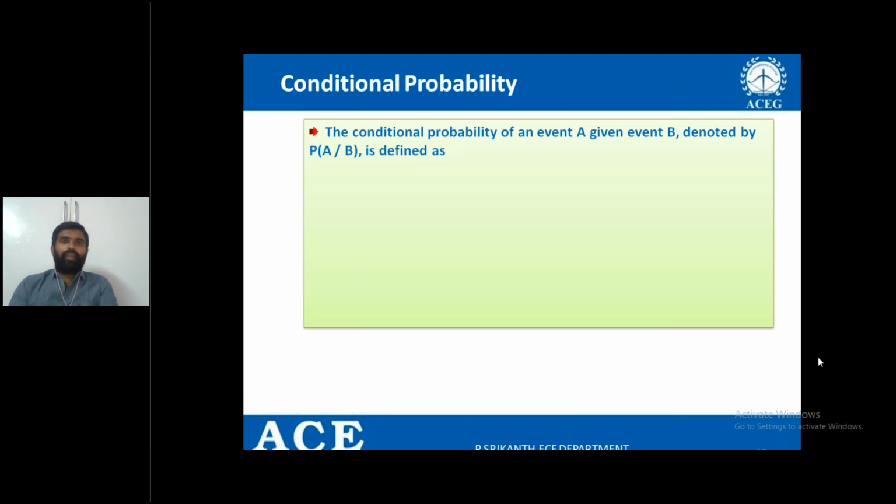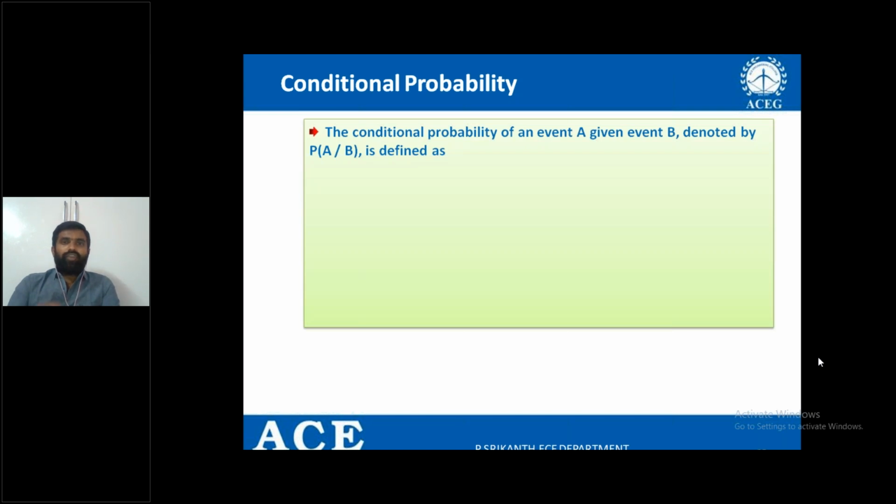So here event A is nothing but the student coming to the college, and event B is nothing but the bus coming to the college. So you can decide the presence of the student based on the presence of the bus, right?